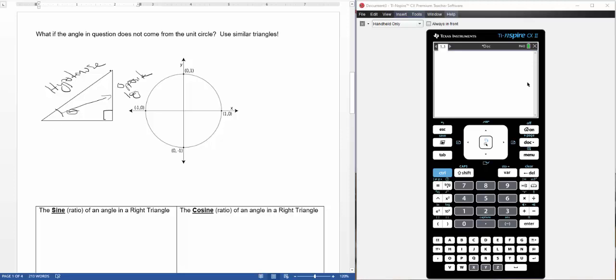Note if I was looking from this angle's perspective, the opposite leg would be down here on the bottom. And then I'm going to label this one in blue like I did before. The other leg of this right triangle, not the hypotenuse, but the leg that's touching this angle, or is adjacent to it, I'm going to call the adjacent leg.